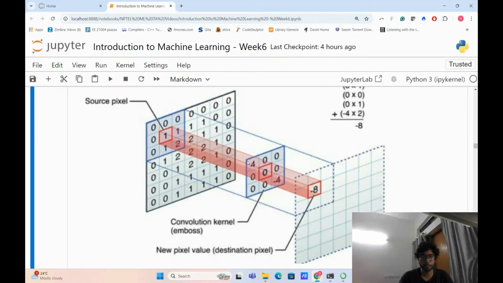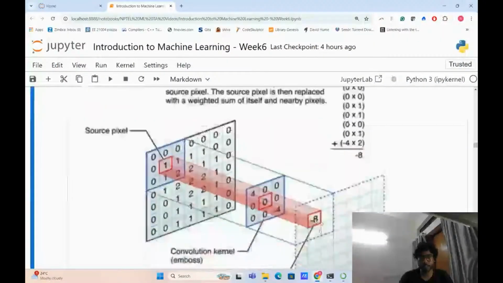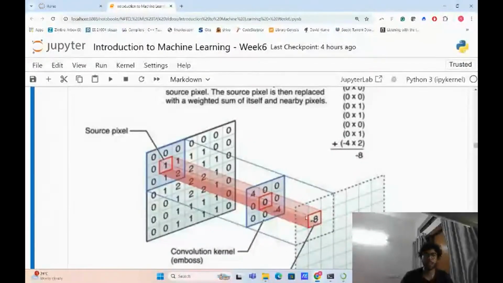For example, you multiply 0 by 4, then again 0 by 0, 0 with 0, and do the remaining things, add them all up. So this is what is taking place, and the addition adds up to -8, and the value of -8 goes somewhere in the middle.